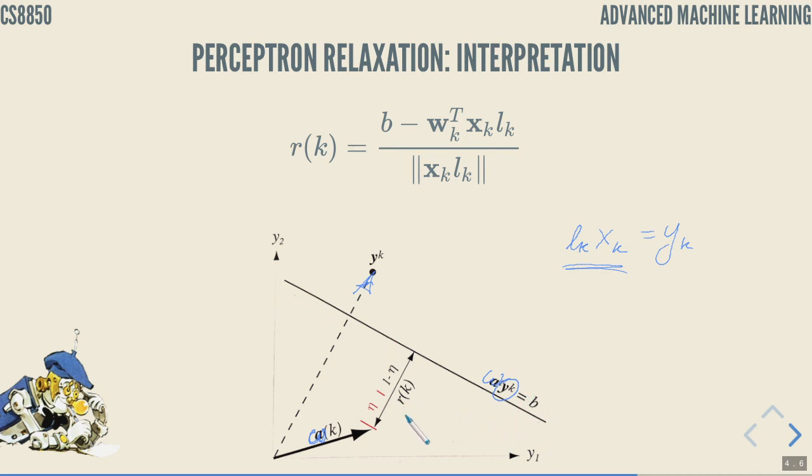By doing a gradient descent step of eta times R_k, we're actually taking our current W and smoothly moving it towards this hyperplane. Any W on this hyperplane would satisfy the solution for which this Y is correct.